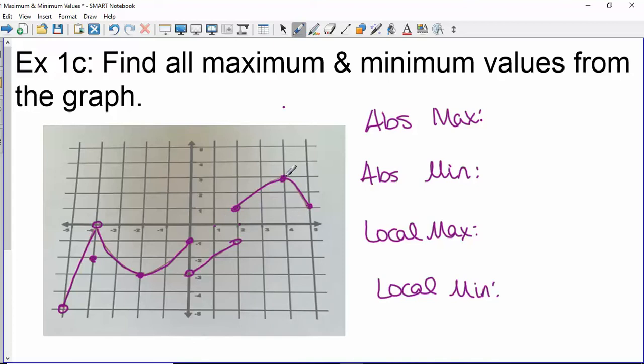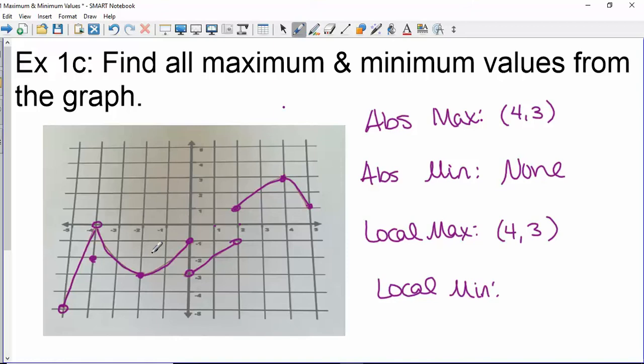Do you want me to write it in the function notation or just as an ordered pair? Ordered pair. So my absolute max is 4, 3. What else would that point be called? It's the absolute, but it is also a local because it's not an endpoint. Do we have an absolute min? No, the lowest point of my graph is an open circle, so there is no absolute min.